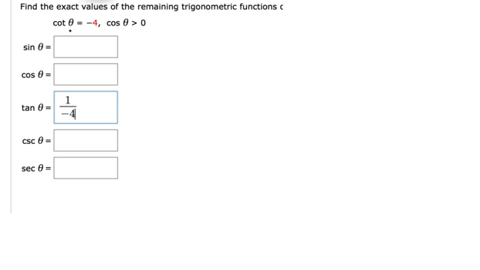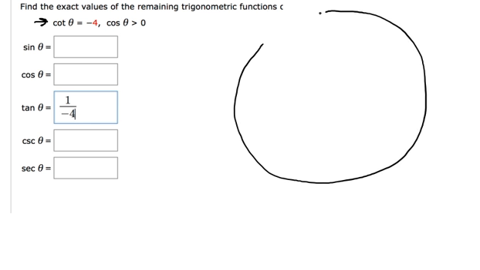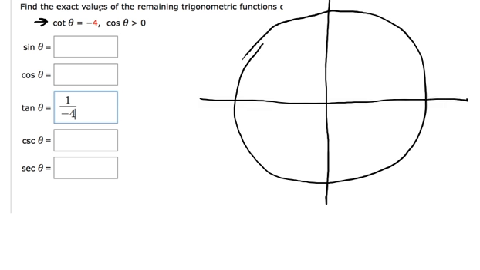So first, let's look at cotangent theta equals -4. That tells us two pieces of information, really. First, it helps us narrow down which quadrant the angle theta is in, and it also tells us some values. So cotangent is -4, and I'm focusing on the negative.